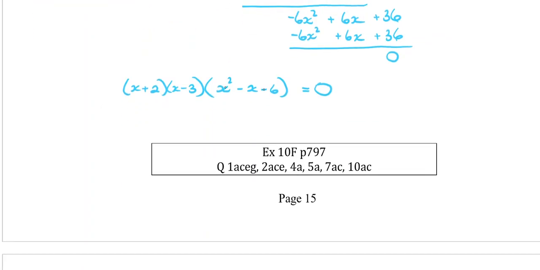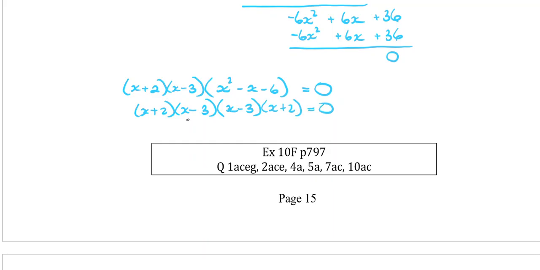Now I can factorize that quadratic in the last bracket to hopefully get 4 different brackets. So let's have a look. What times is to give minus 6 and adds to give a minus 1? That would be a negative 3, so x minus 3 and an x plus 2.